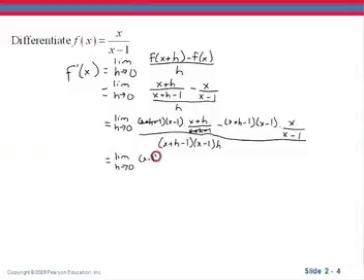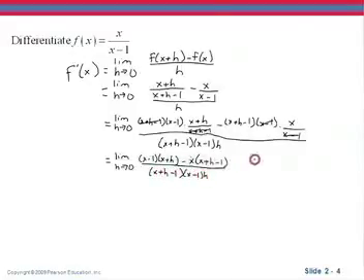Our x plus h minus 1s will cancel, and that will give us x minus 1 times x plus h, minus our x minus 1s will cancel, and that will give us x. I'll put the x in front, x times x plus h minus 1. And in the denominator, we'll just leave that factored, x plus h minus 1 times x minus 1 times h.